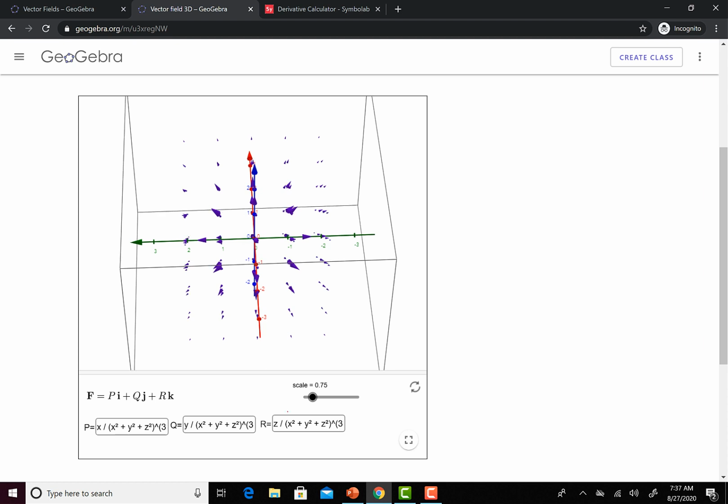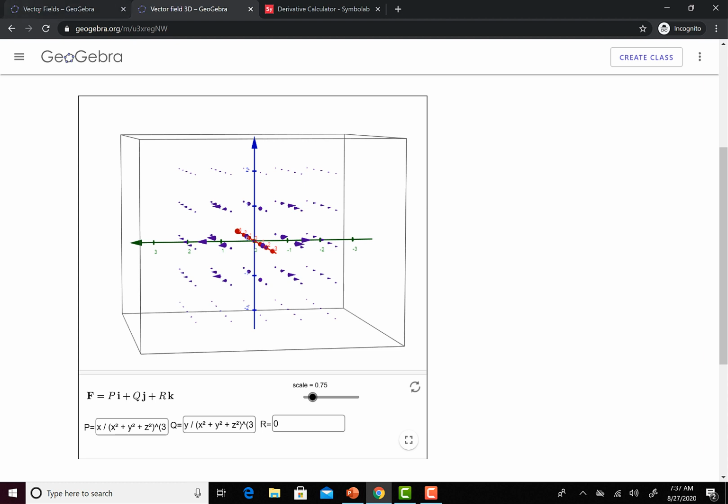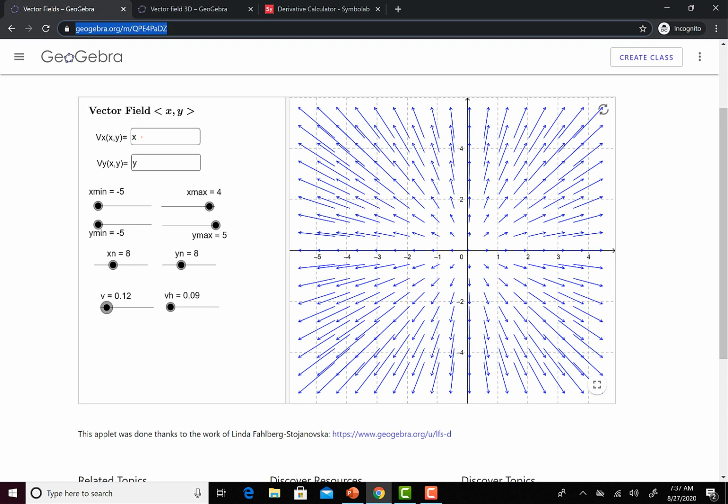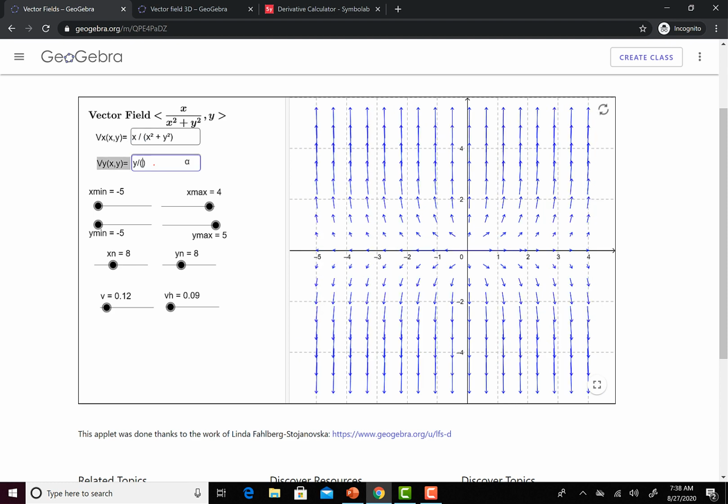Now if you reduce this to 2 dimensions, so let's put 0 here, then you will see a different result again. If I do this in 2 dimensions, I have simply x divided by x squared plus y squared, and y divided by the same thing, x squared plus y squared.